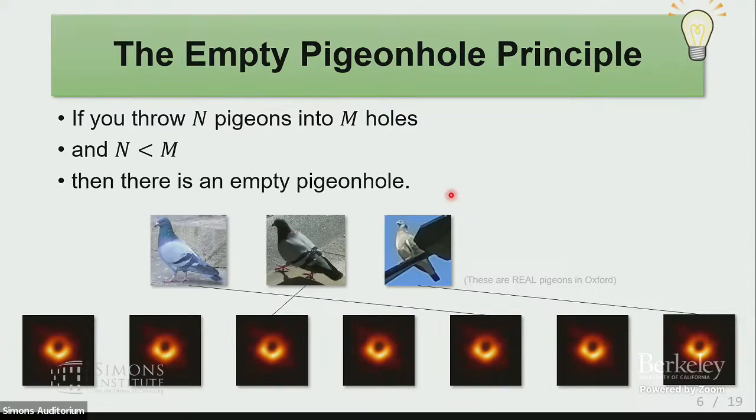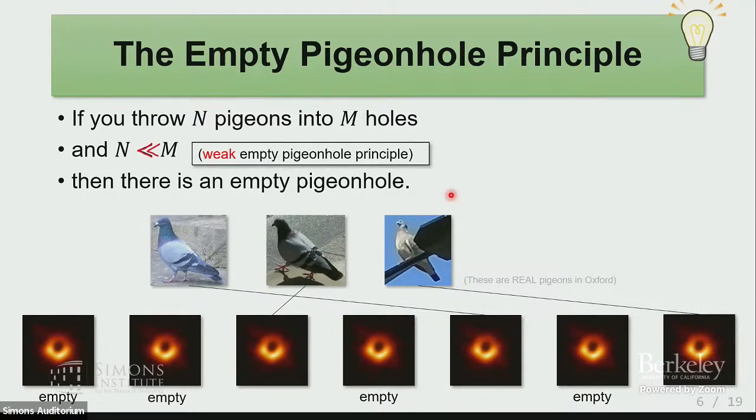Actually, there has to be at least m minus n empty pigeonholes. In this talk, let's consider the weak version where n is much less than m, let's say n is less than m over 2. So what guarantees a solution in the hard partial traceable problem is exactly this empty pigeonhole principle.